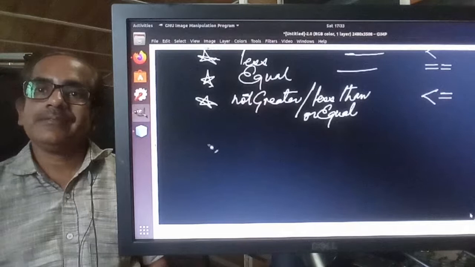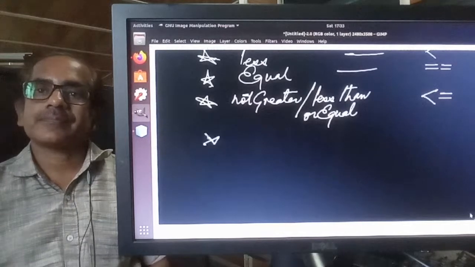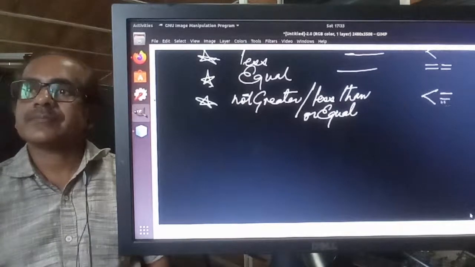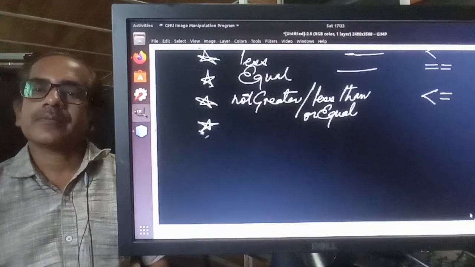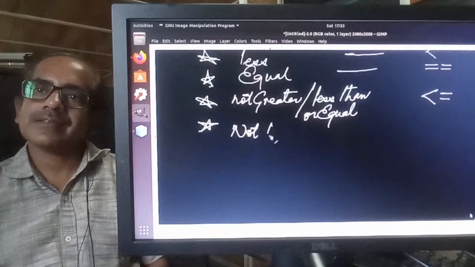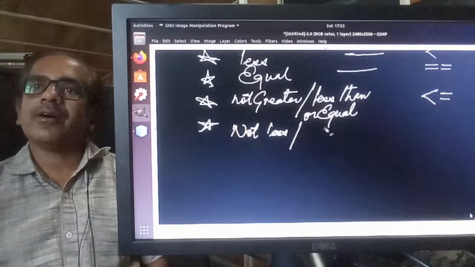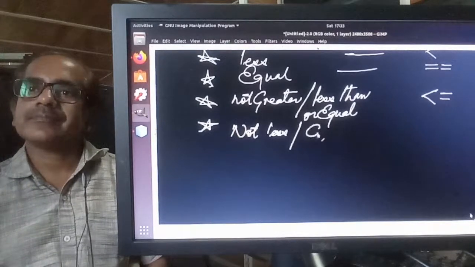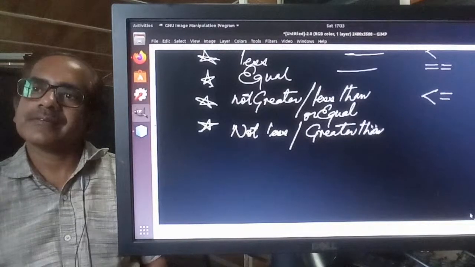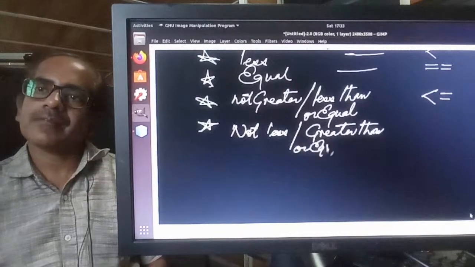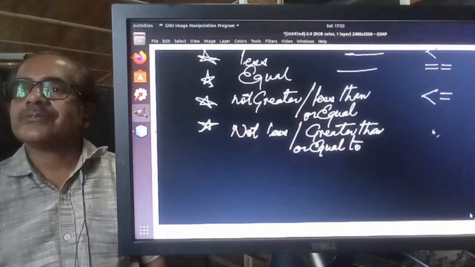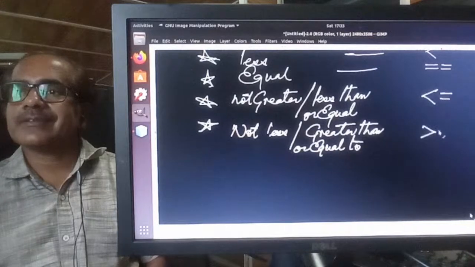Then this is not less, or greater than or equal to. For this we write the symbol this.